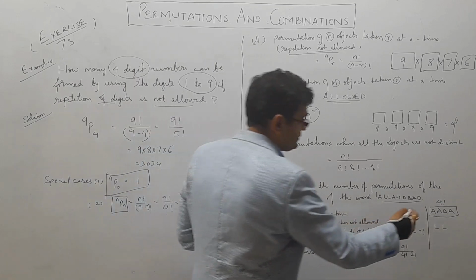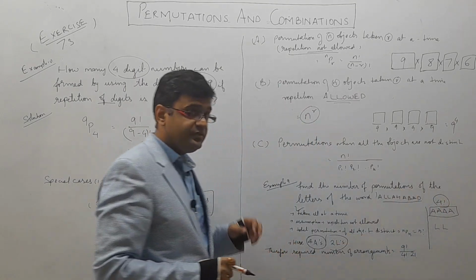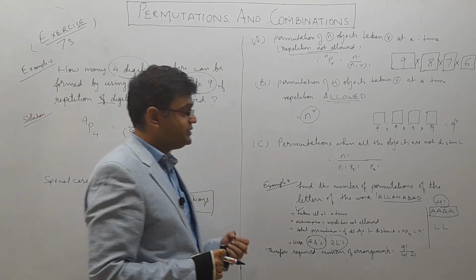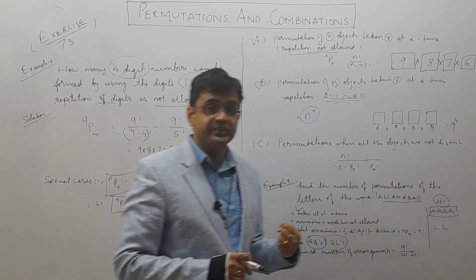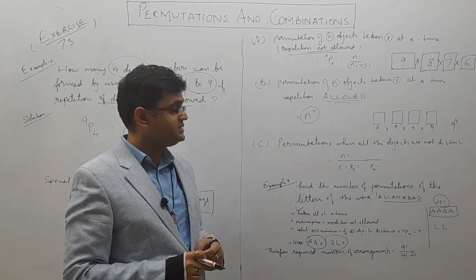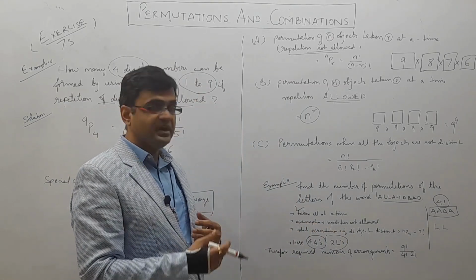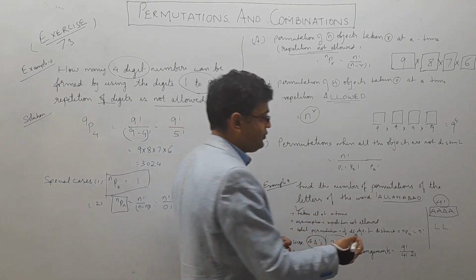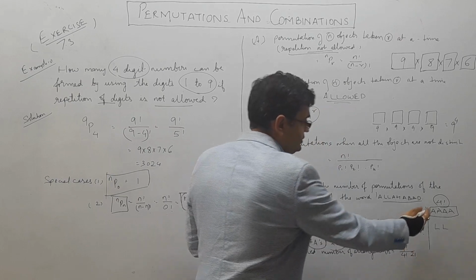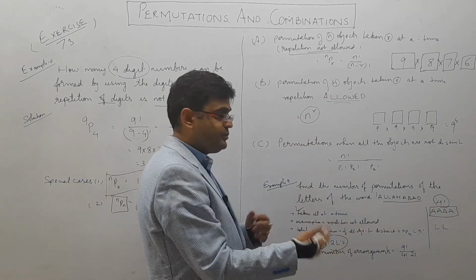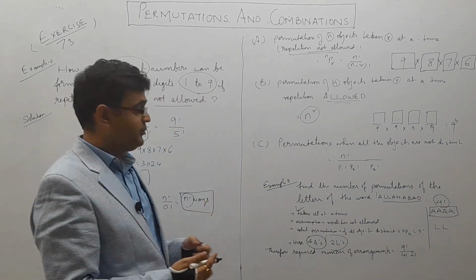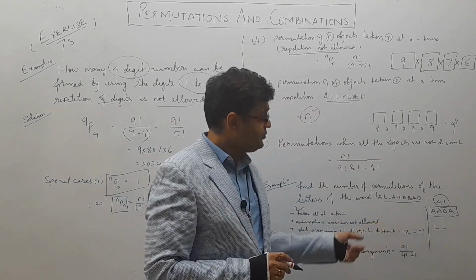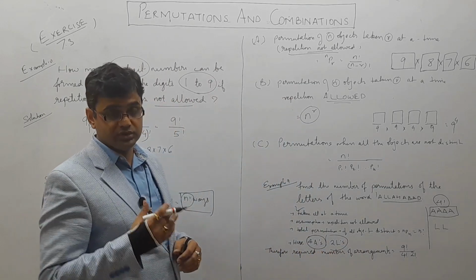This is one important thing, that if these objects were distinct, then there would be 4 factorial ways in which these could be arranged. But here all these are same, so any kind of arrangement would be same. If we take any A at any position, the arrangement will remain same. So this is just one arrangement, but if these were distinct, then 4 factorial arrangements would be possible.